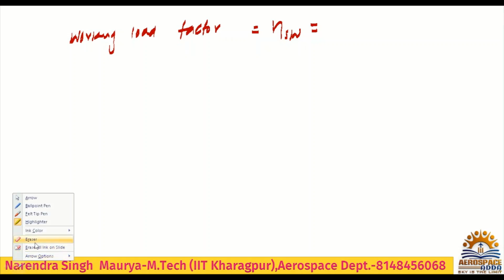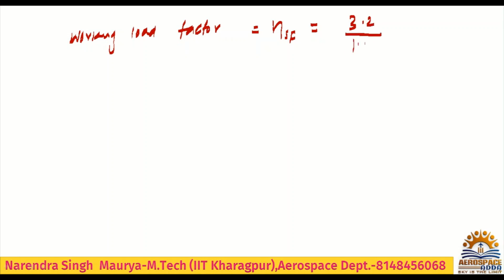Better, I will write safe load factor as n_sf. Now it is fine. n_sf means safe load factor. So how much will you get? It will be 3.2 maximum divided by the factor of safety, which is 1.25, right?